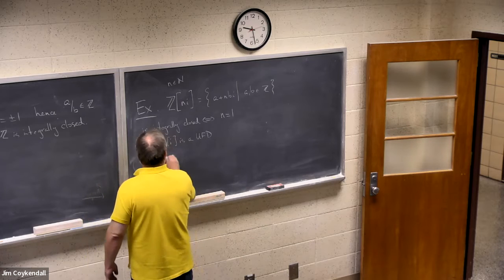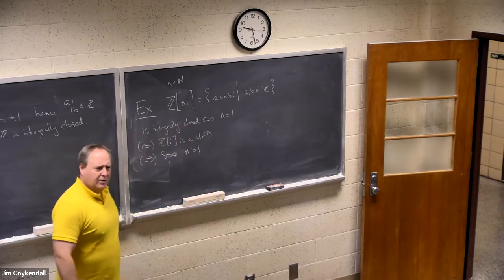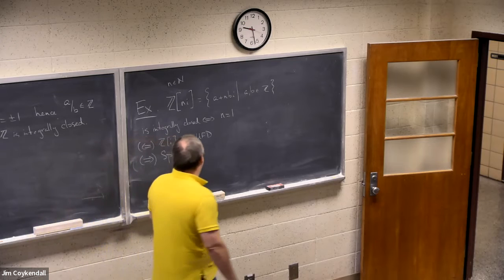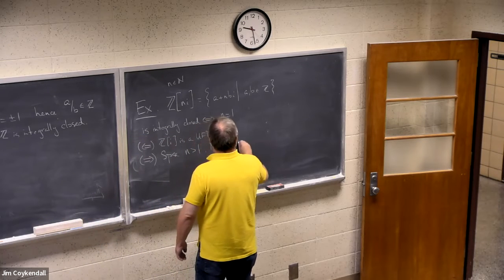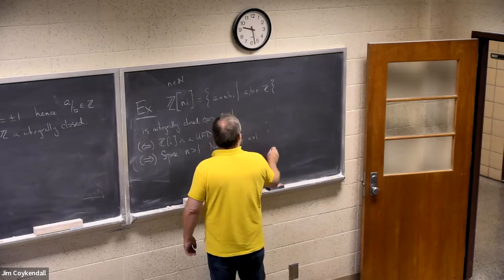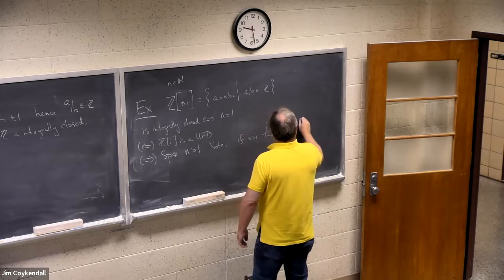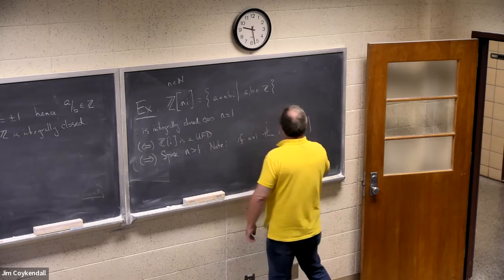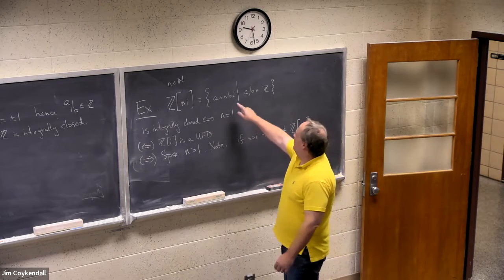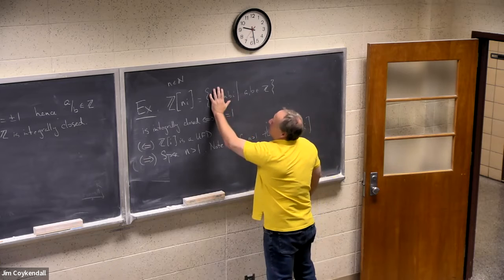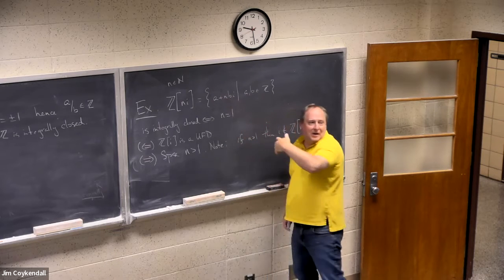Suppose n is bigger than 1. Note, if n is bigger than 1, then i is not in Z[ni]. Correct. Because the only way you're going to dig an i out of there is by letting a be 0, and then the only shot you've got is if n is 1, right?